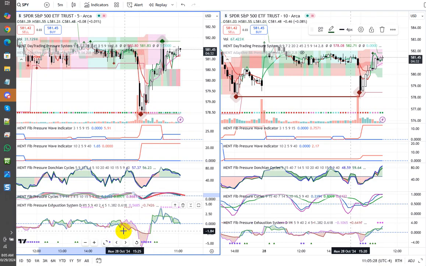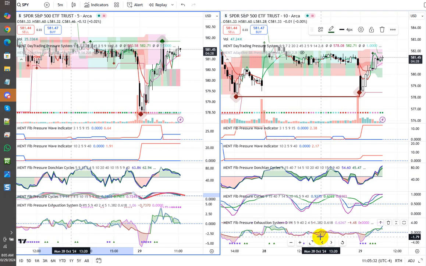So what we look for is when the red line, like in this instance, is lower than the pink line in a red or a bearish trend. This is what is called flash trending. Okay, this is flash trending. This is not organic trending.